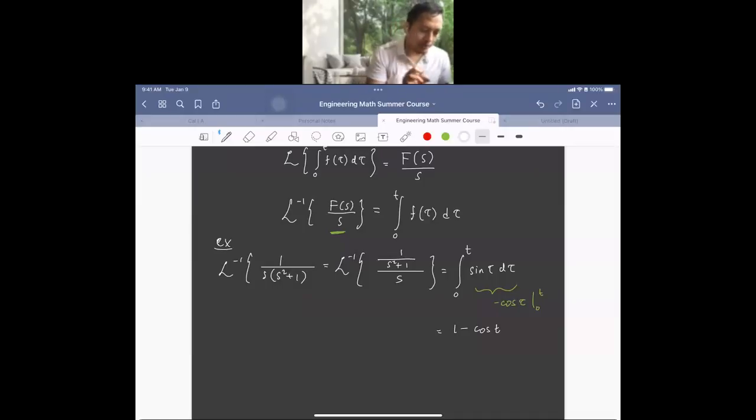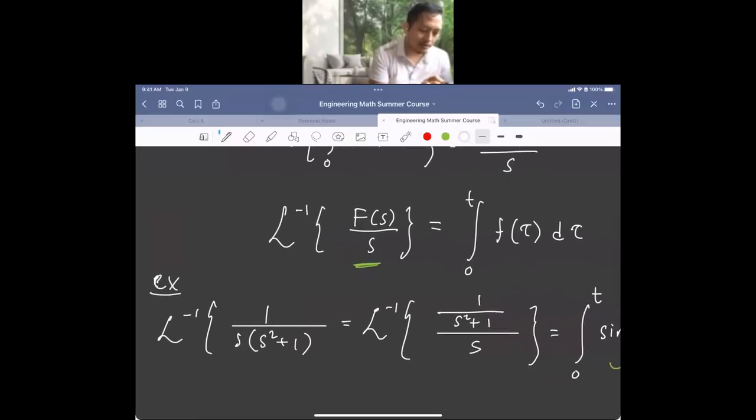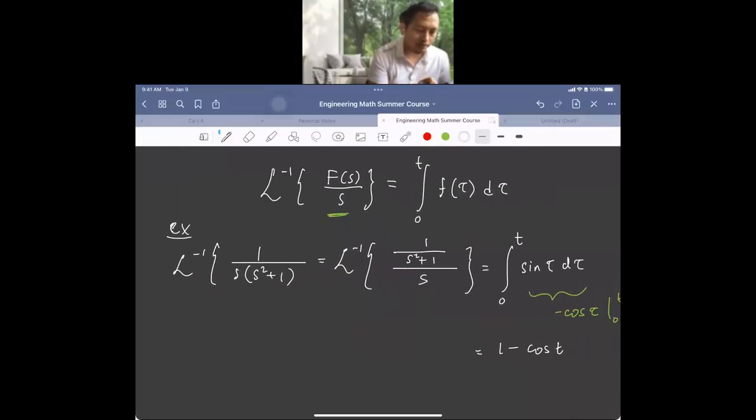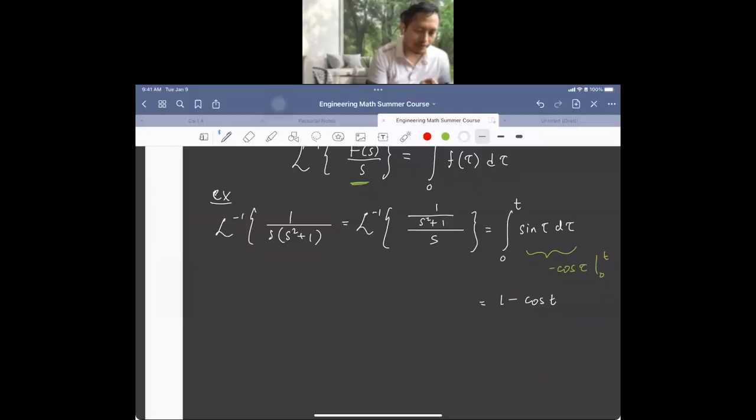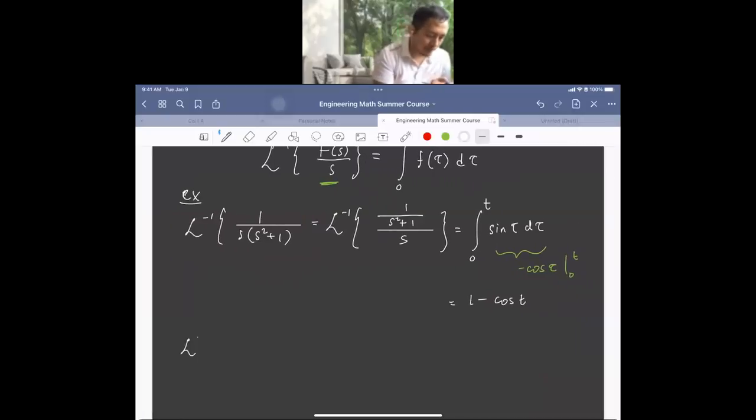So whenever you can make the inside of a Laplace inverse become a function divided by s, then you can write the integral of this small f, f of tau. Another example.